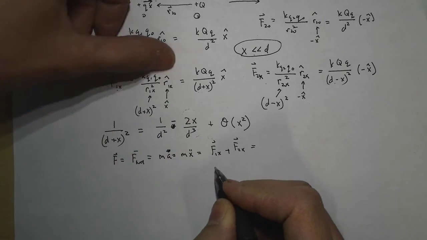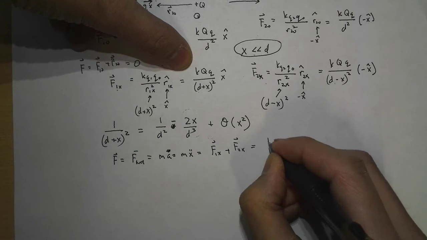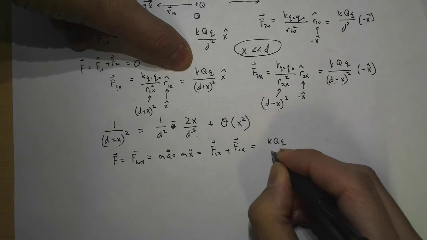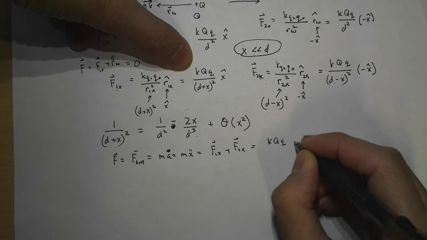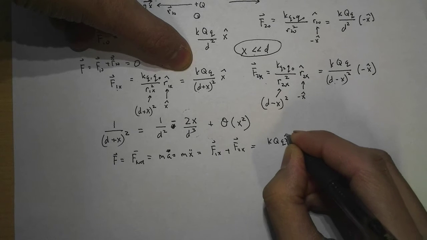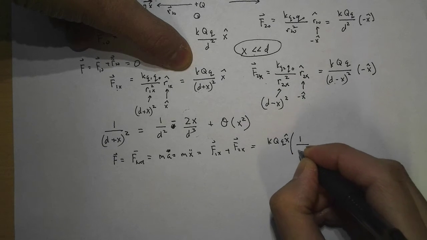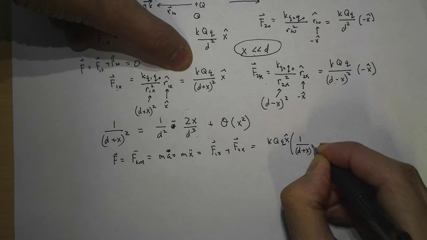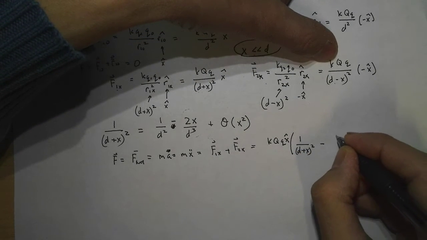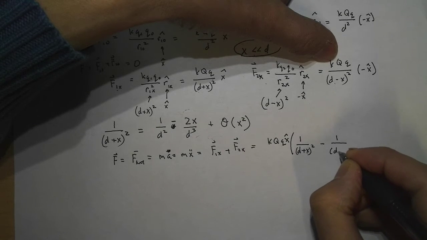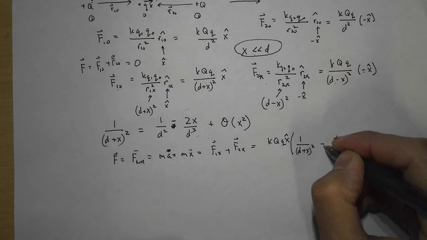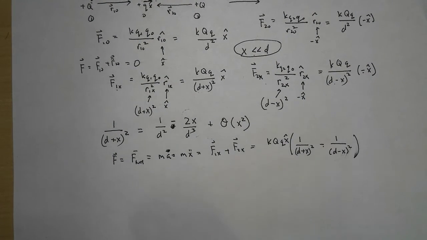So let's do this very carefully: k q Q in the x hat direction. I'm going to rewrite this as x hat times 1 over (d plus x) squared minus now f2x, 1 over (d minus x) squared. Now this minus sign got absorbed here. Everything else stays the same, with the x hat out in front of everything.